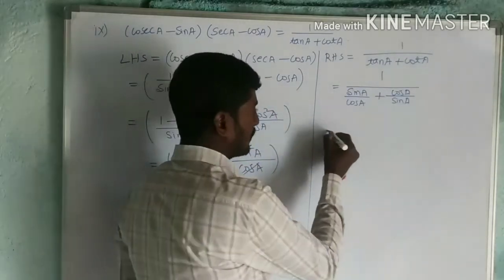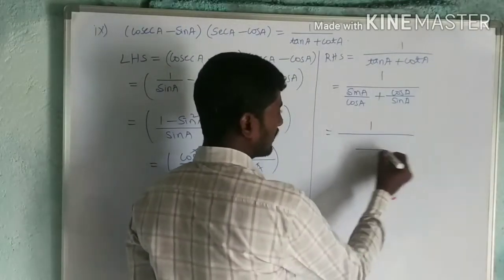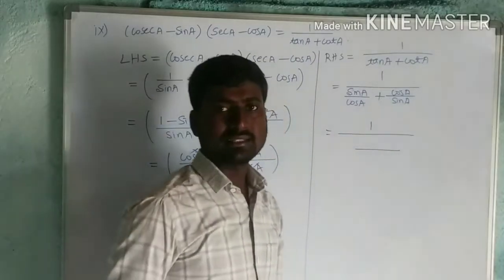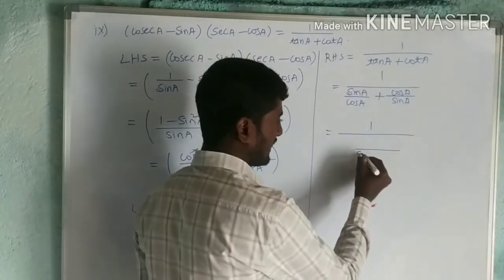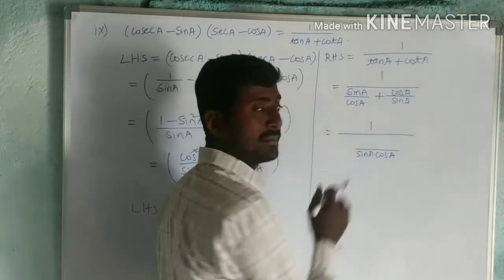Now this is equal to 1 divided by, here LCM will be sin a into cos a. Here I take an LCM.